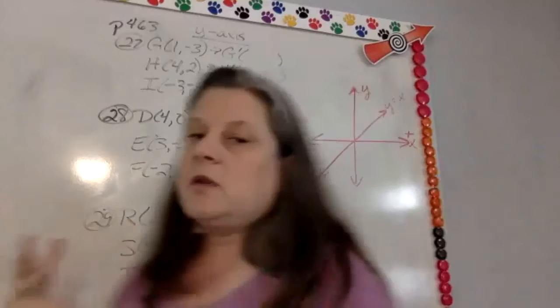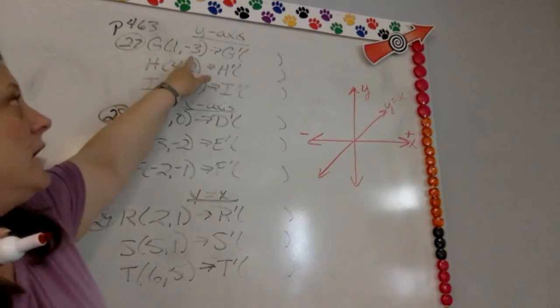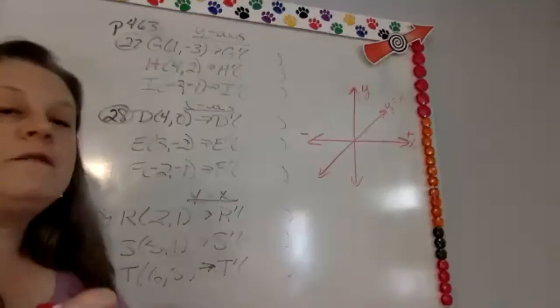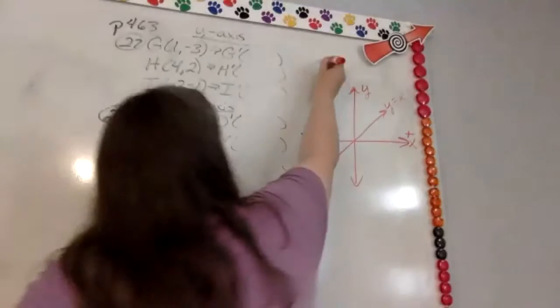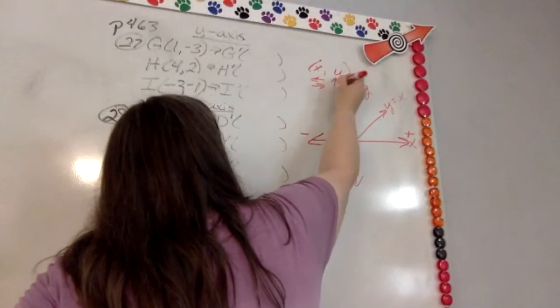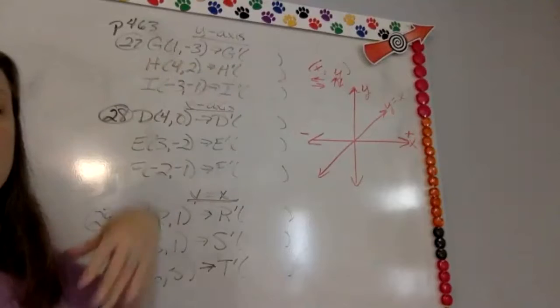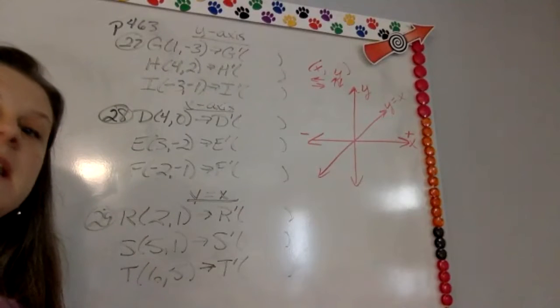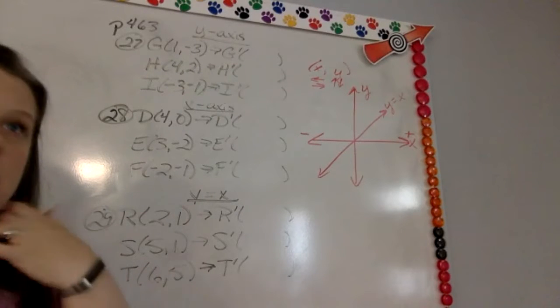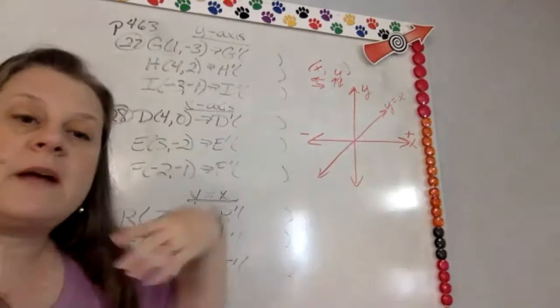So when you do your reflection points for number 27, my first point G was at (1, -3). Now remember in your ordered pair, the first number is always your x and your second number is your y. Your x tells you left or right, the y tells you up and down. We already said you're changing the x-coordinate when you're reflecting over the y-axis. So basically, whichever one you're flipping over, that one stays the same.